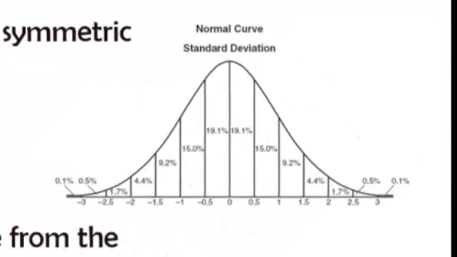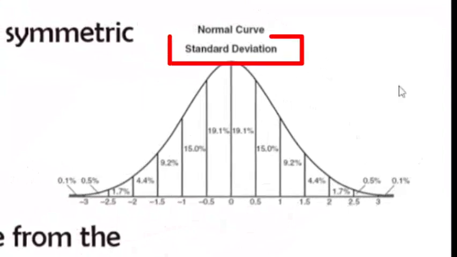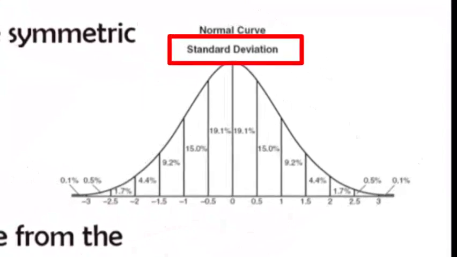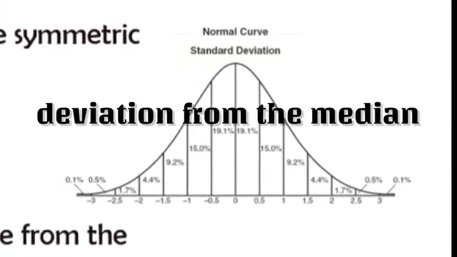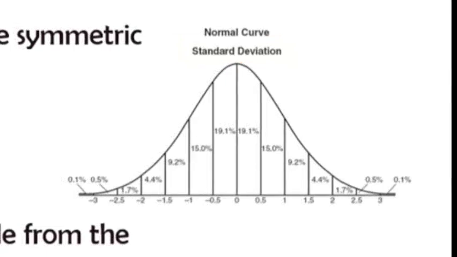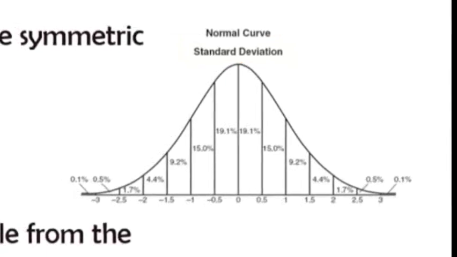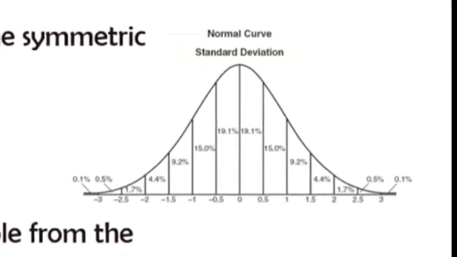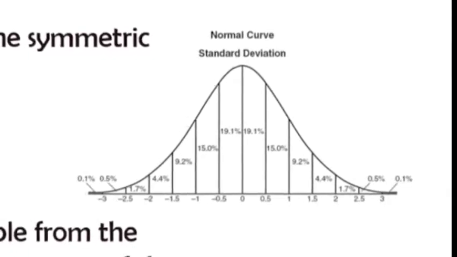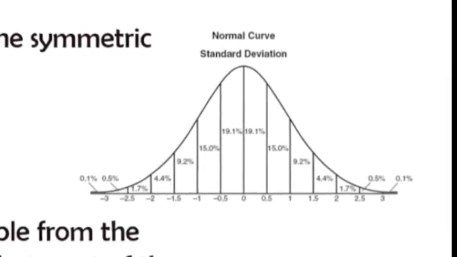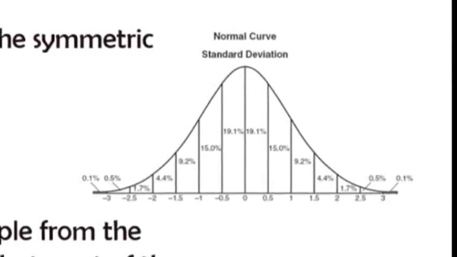Here there is a term known as standard deviation. Need not worry, this is nothing but the deviation from the mean. We'll be learning about standard deviation, or actually the variance terms, with respect to the measure of spread in the next video.